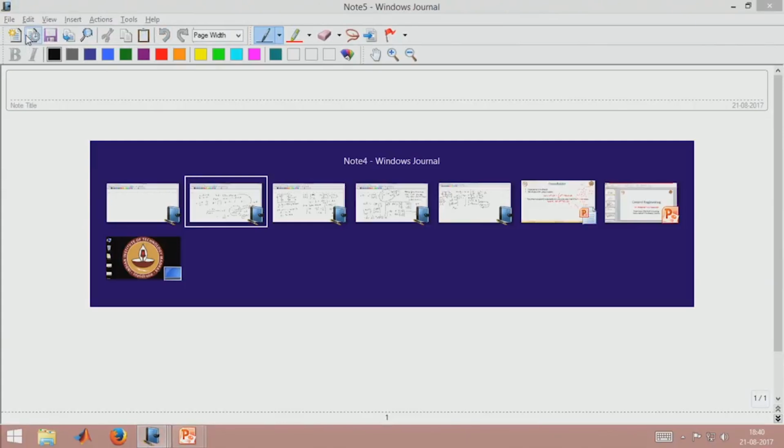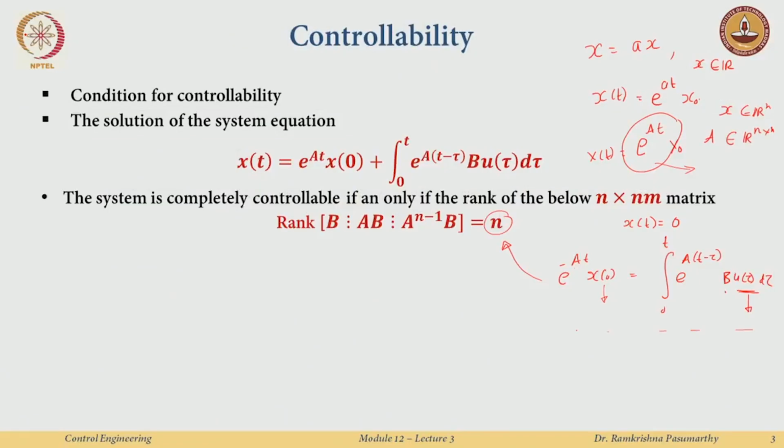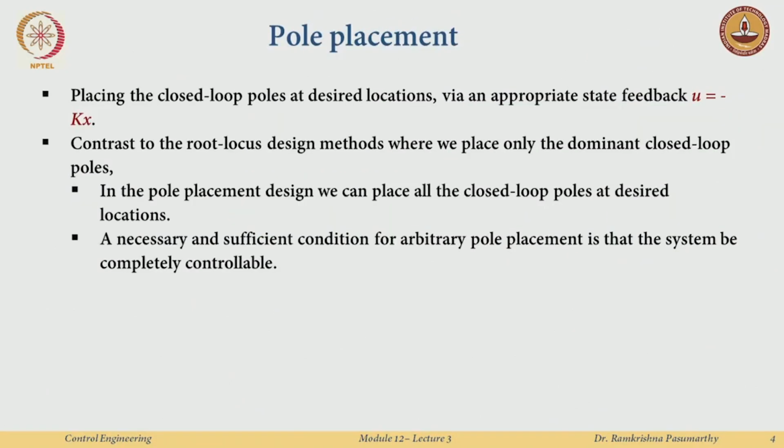Okay. So let's go back here. So this is the condition to check. Given a system configuration with a matrix B and A, I can always find out with this rank condition whether or not the system is controllable. Once I know that the system is controllable, what could I do with that?